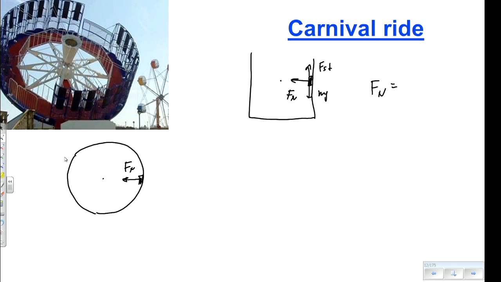Now it's the normal force which is responsible for centripetal acceleration: M times V squared over R, right? What will be the actual value of the force of static friction? Equal to? What should I write? Is static friction equal to what?